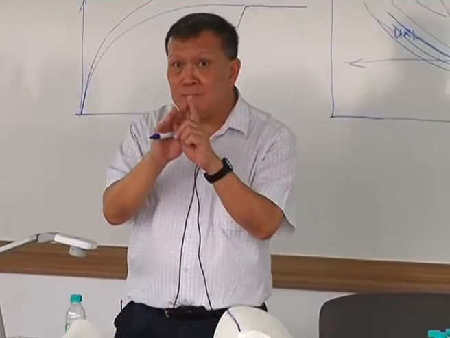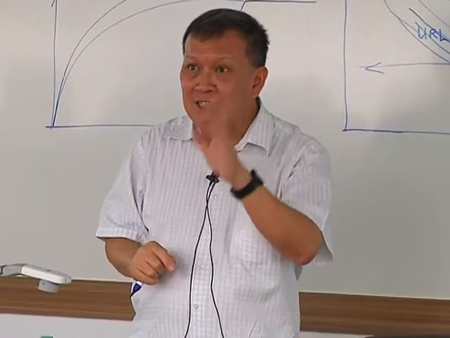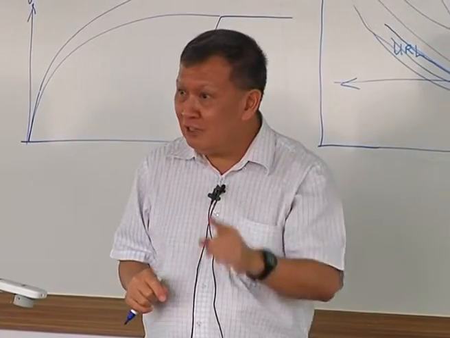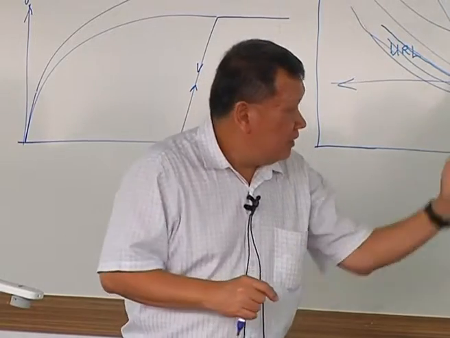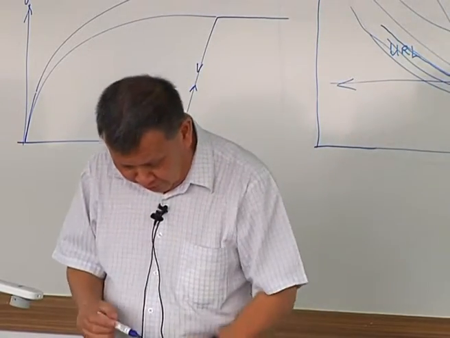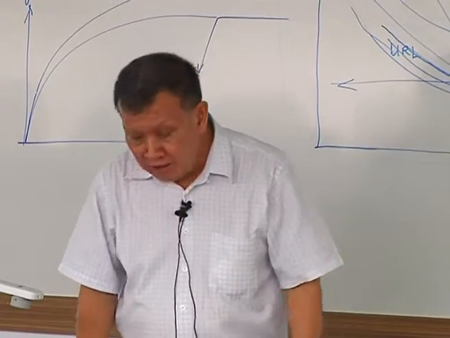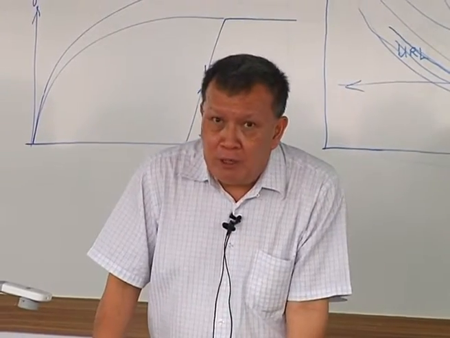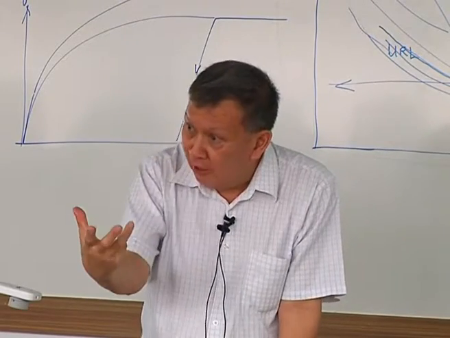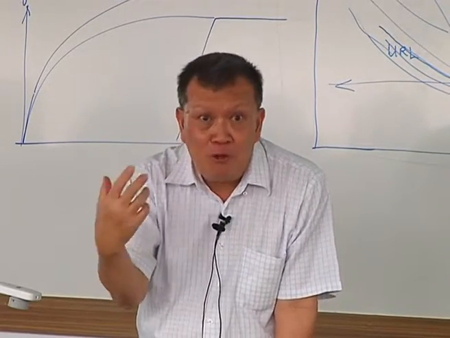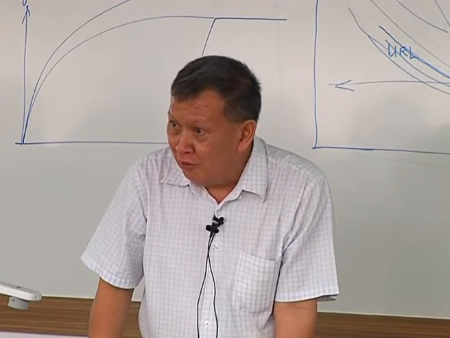The first elastic portion follows the elasticity rule, which is a vertical straight line. The second portion, viscoplastic, is the part where you start to generate excess pore water pressure. So the important thing is this. The excess pore water pressure generation is a function of the type of soil that you have, plus also the overconsolidation ratio. Okay?